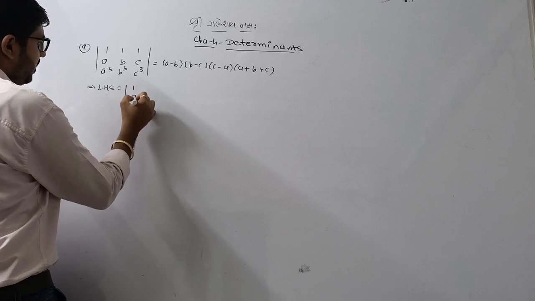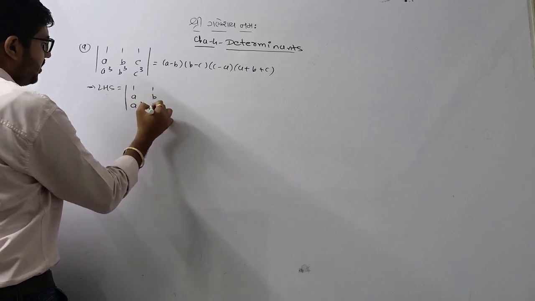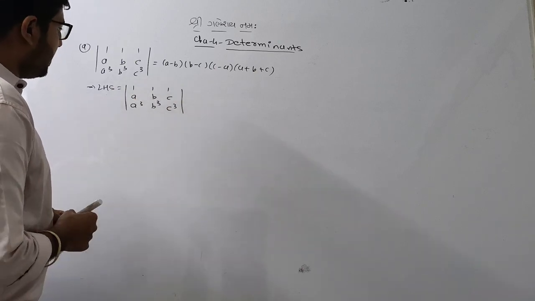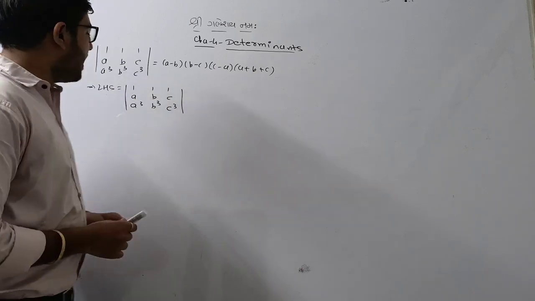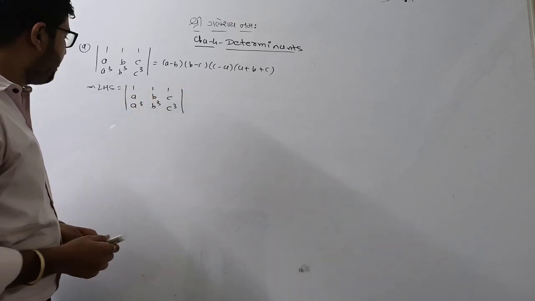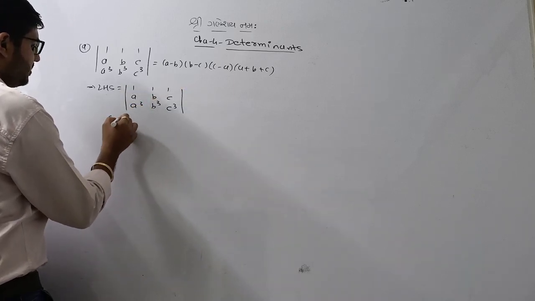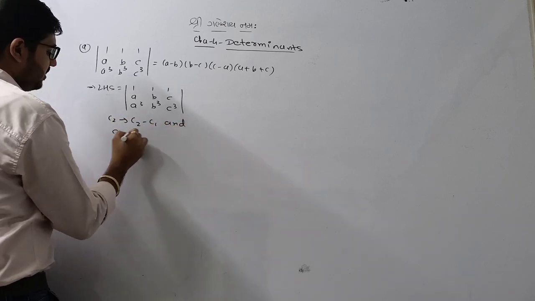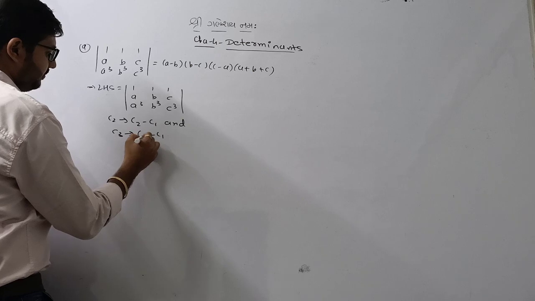So we have 1 a cube, 1 b cube, 1 c cube. Let's follow the same rule which we already discussed: if we need 0 in the row, we have to apply the column operation. So we'll apply C2 to C2 minus C1 and C3 to C3 minus C1.